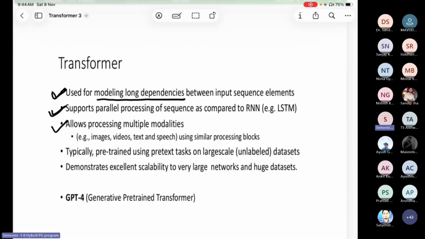Then next thing is it allows processing multiple modalities.